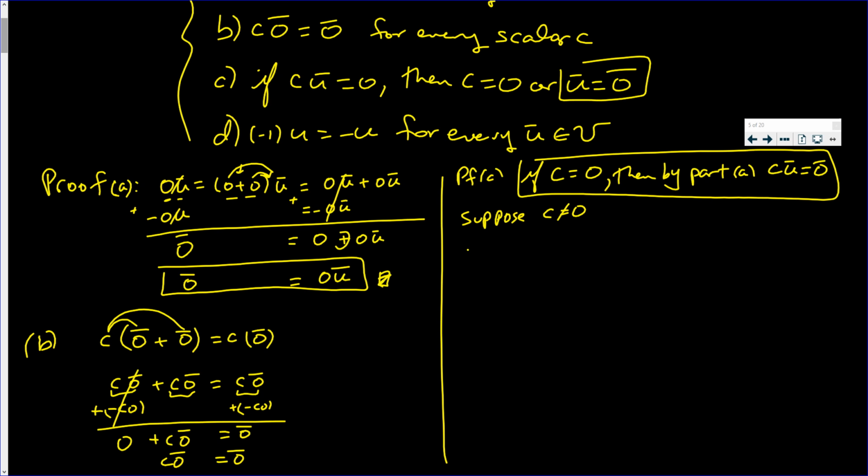Okay. So we know that u is equal to 1 times u. That's one of the defining properties of a vector space. But now if c is not 0, 1 can equal 1 over c times c, times u. But this is 1 over c times cu.